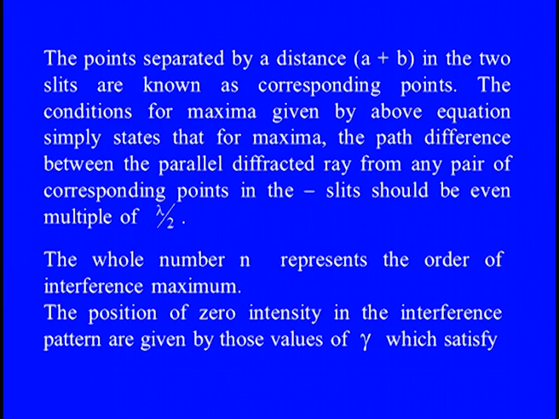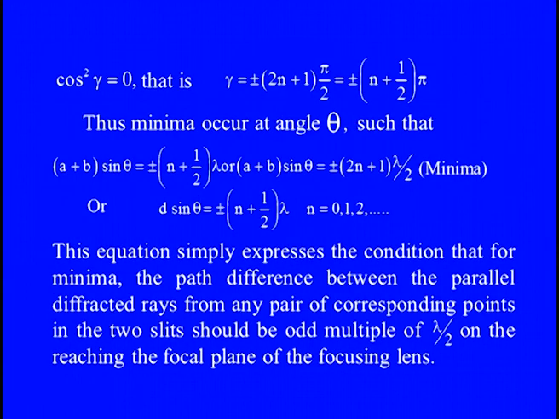The whole number n represents the order of the interference maximum. The positions of zero intensity in the interference pattern are given by those values of γ which satisfy cos²γ = 0, that is γ = ±(n + 1/2)π.